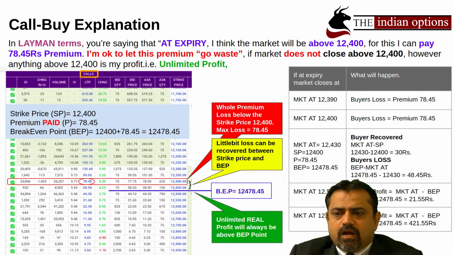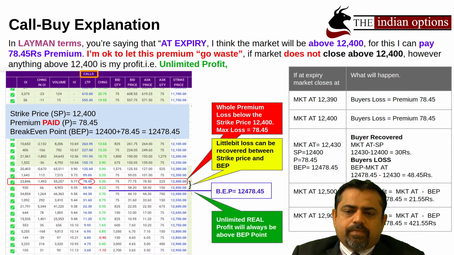Okay. Now if we look very closely at the options chain, in the red box I have said that there is a whole premium loss below the strike price 12,400, and the maximum loss is going to be 78.45. Now what do I mean by this?